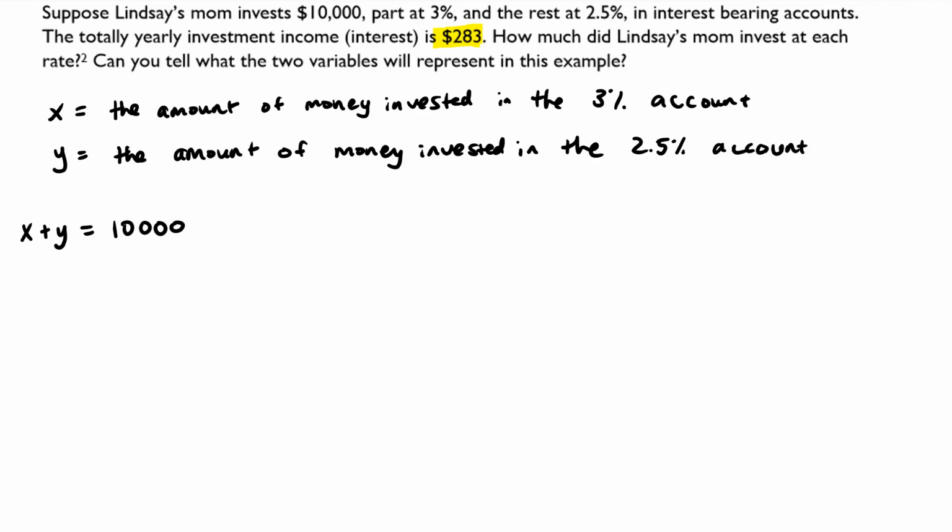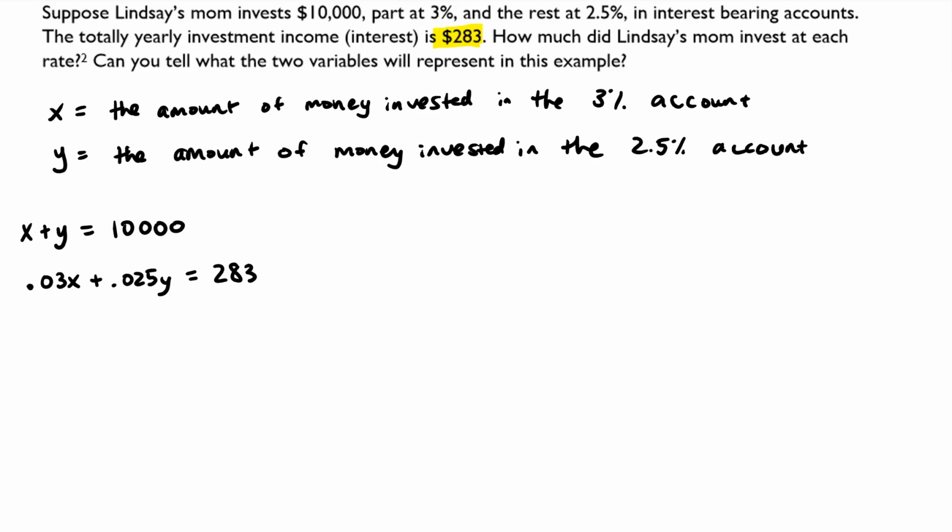And so we could create the equation 0.03x plus 0.025y. That represents the total amount of interest that she got was $283, like that.